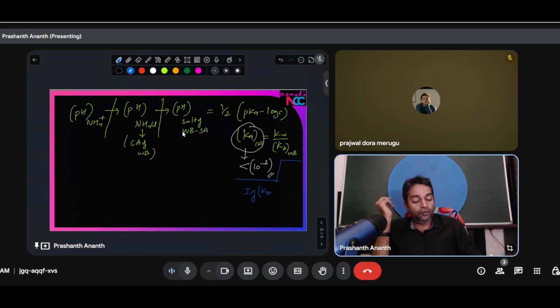Weak base equations apply for the weak base, but I can't use this salt hydrolysis equation over there. Why? Because if Kb for the weak base is 10 power minus 17, that means Ka for the conjugate acid will be equal to 10 power minus 1.